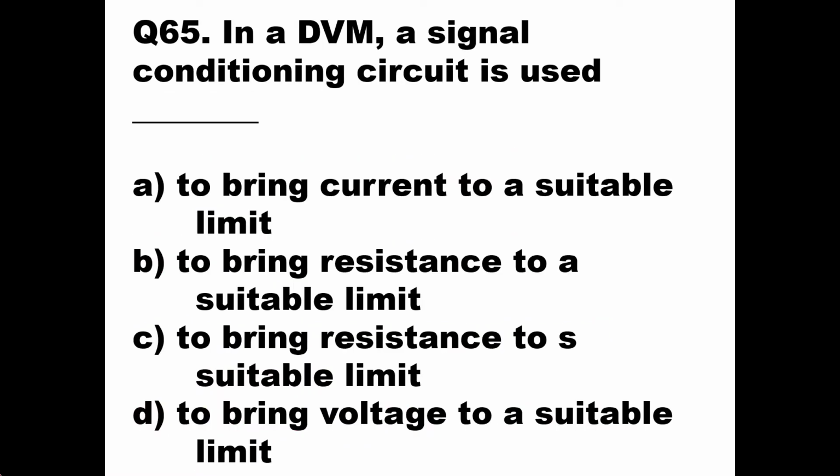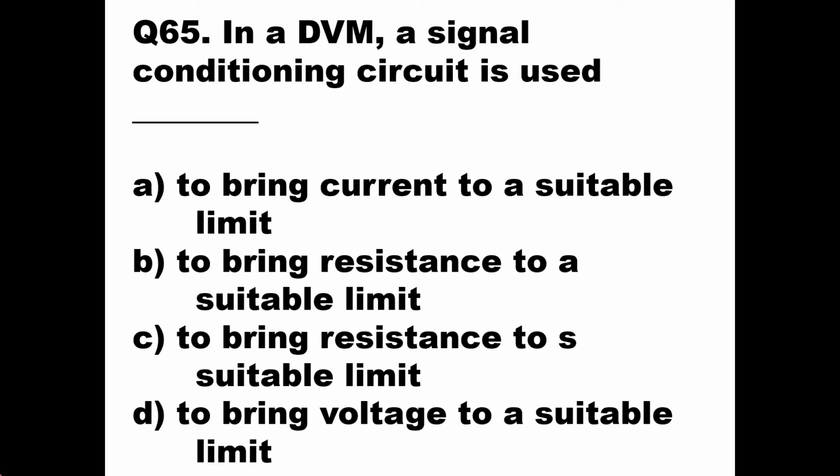Question number 65: in a digital voltmeter, a signal conditioning circuit is used for what? Option A is to bring the current to a suitable limit. Option B is to bring the resistance to a suitable limit. Option C is to bring the resistance to a suitable limit. And D is to bring voltage to a suitable limit.